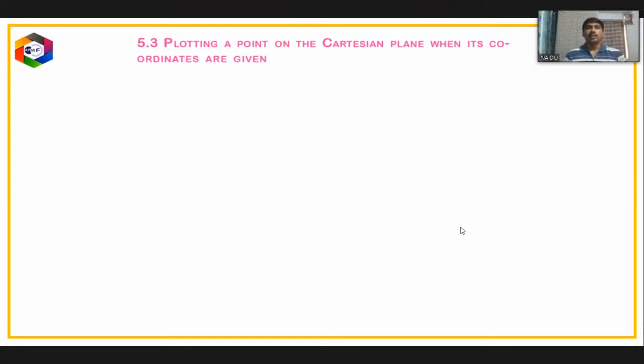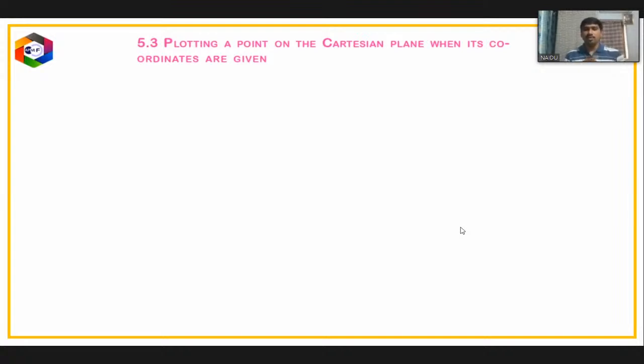And so I think till now it is clear for everyone. So we have discussed till now how to plot the points and which point lies where, whether those are on the x-axis or y-axis, or in quadrant 1, quadrant 2, quadrant 3 or quadrant 4. Now plotting a point on the Cartesian plane.